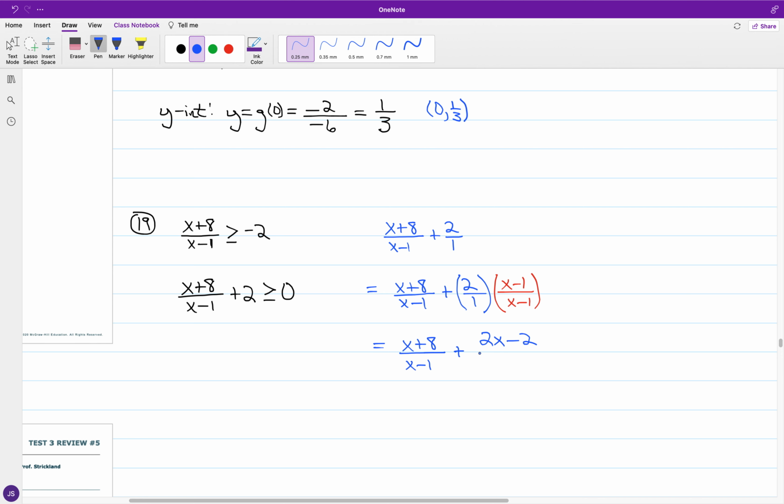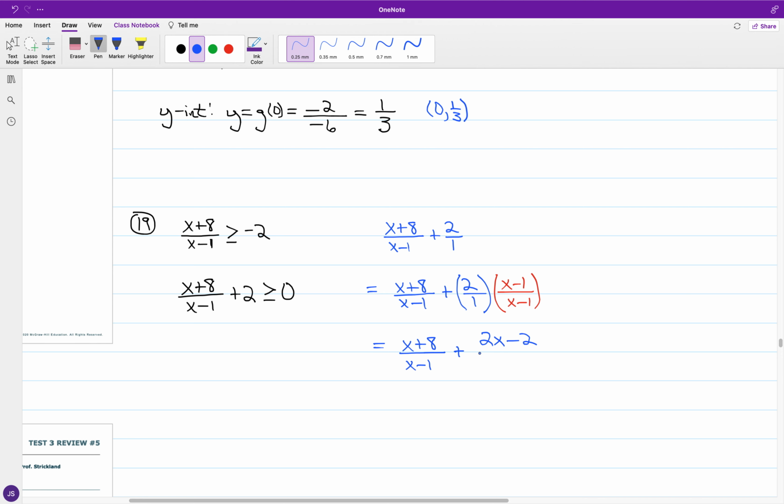And so you have greater than or equal to 0, and this is referencing what we also have for r of x is greater than or equal to 0.